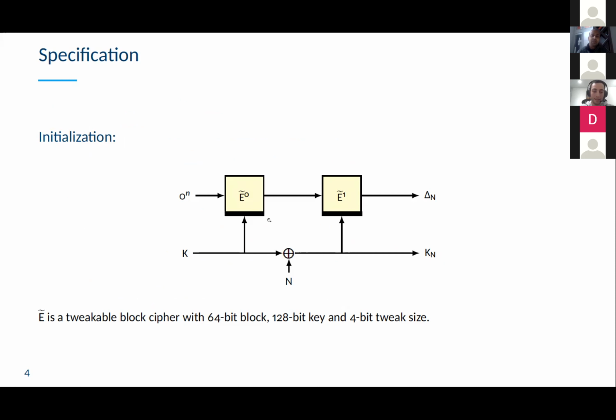And it divides this nonce processing phase into 2 domains: one before nonce processing and one after nonce processing. It indicates the domains using the tweak values. So before nonce processing, the tweak value is 0. After nonce processing, the tweak value is 1. And this is a tweakable block cipher with a 64-bit block, a 128-bit key and a very small tweak.